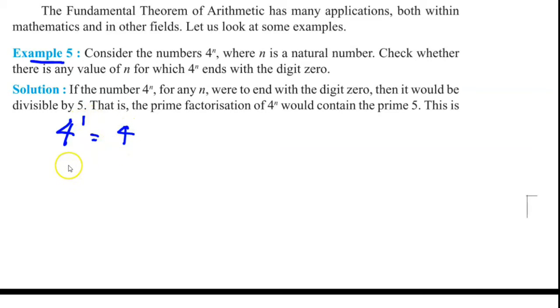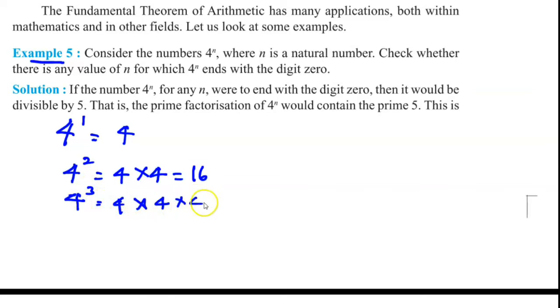So it is 4. 4 power 2. 4 into 4 is 16. 4 power 3. 4 into 4 into 4, which is 4 4s are 16, 16 4s are 64.